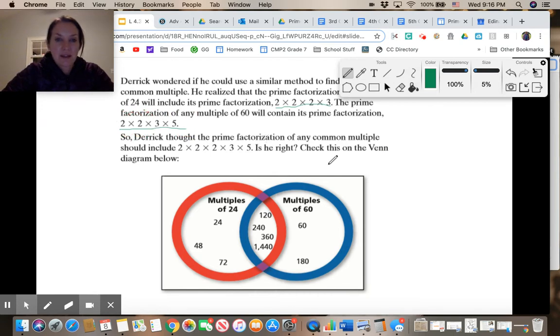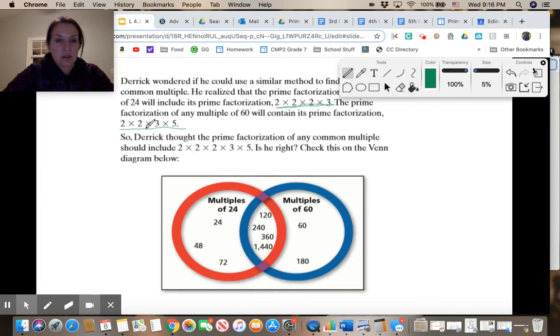So then he said to himself, I think that the prime factorization of any common multiple would be 2 by 2 by 2 by 3 by 5. So how did he get 2 by 2 by 2 by 3 by 5? Well, I see that this one has 2 by 2 by 2 by 3, so it includes all of that.